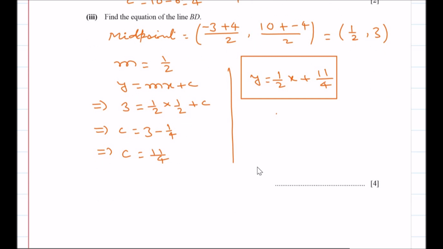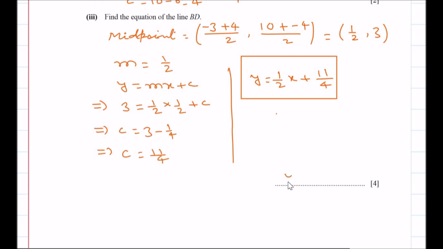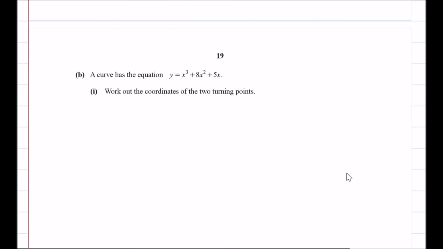So let us write in the answer space. Y is equal to 1 by 2x plus 11 by 4.